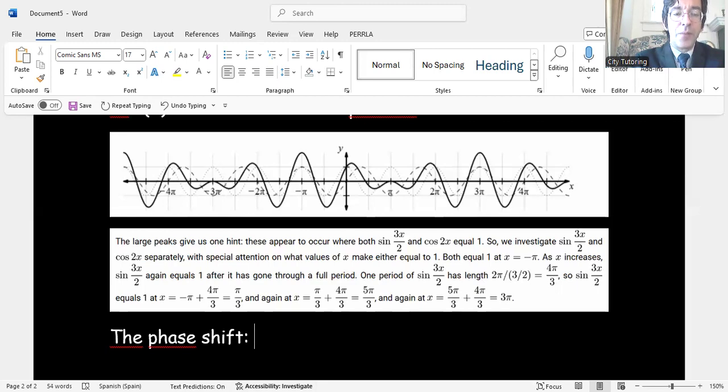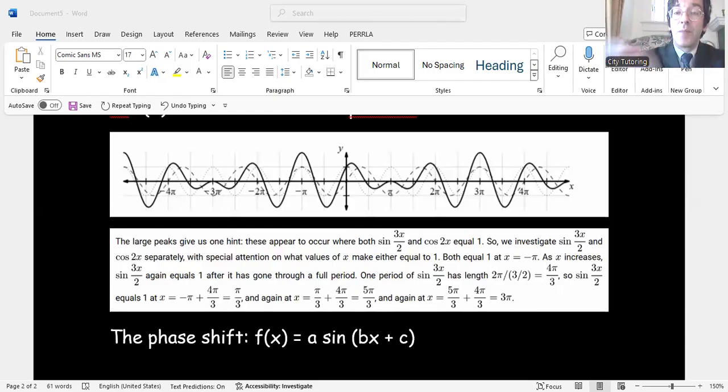The form is typically f of x equals a times the sine of parentheses bx plus c, where a, b, and c have to be constants.